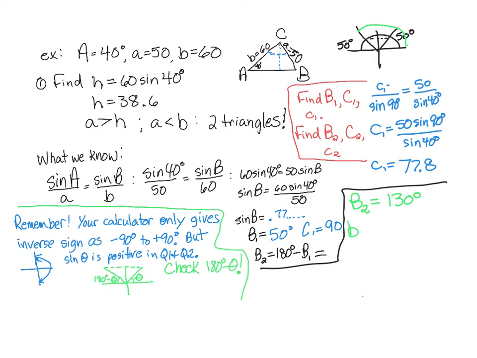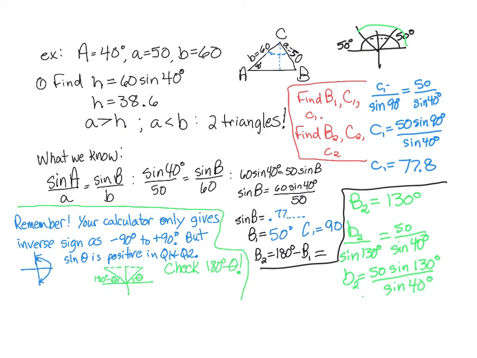Smaller case B, or side B2, over sine of 130 equals, sorry, I'm getting ahead of myself here. The thing that we know, side A over sine of angle A, and I get B2 equals 50 sine 130 over sine 40.